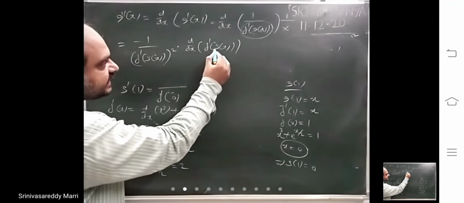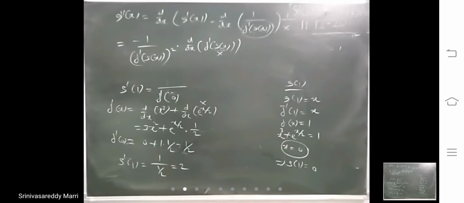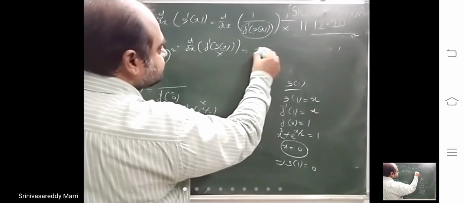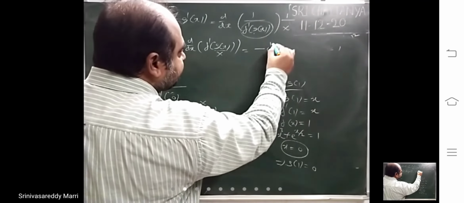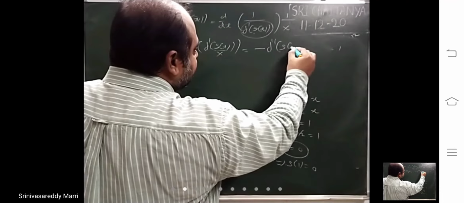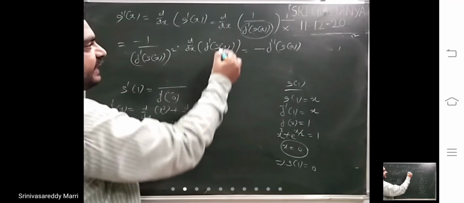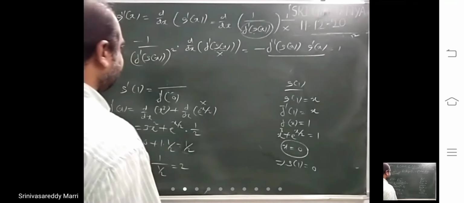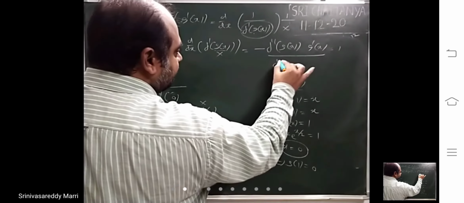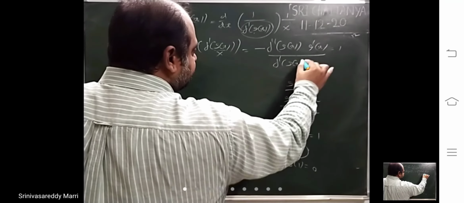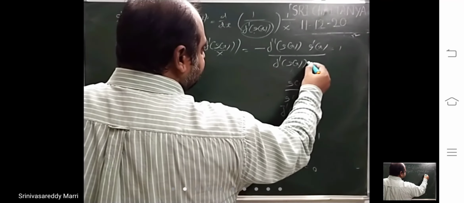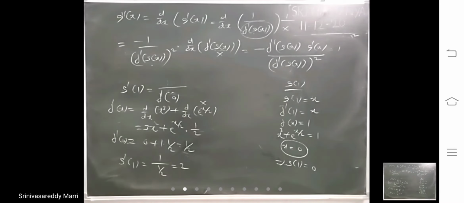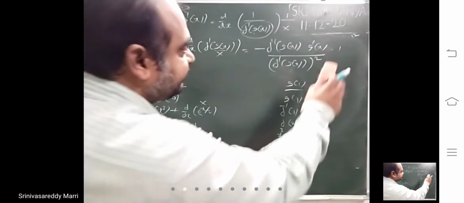Treat this as capital X now: d by dx of f dash of X. So minus f double dash of g of x into d by dx of g of x, that is g dash x, divided by this one. Now this is the second derivative. This is the second derivative of the inverse function. G double dash x is nothing but this.